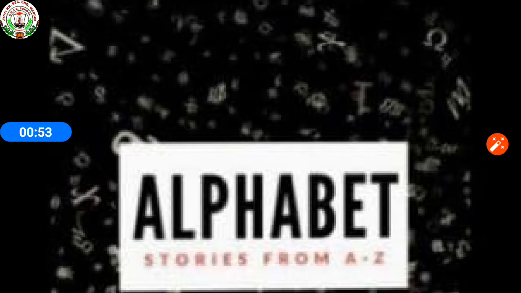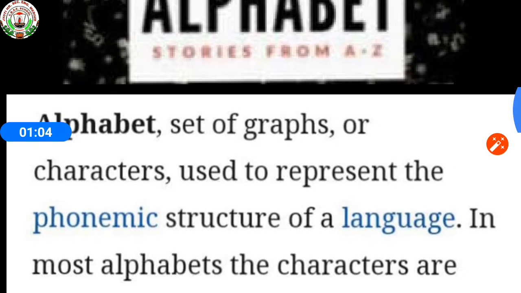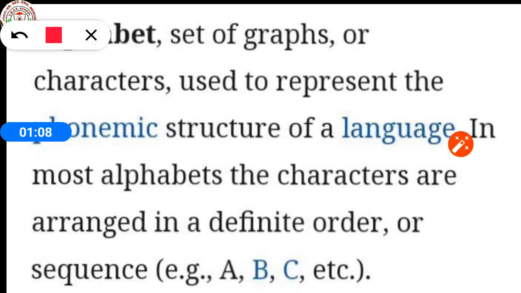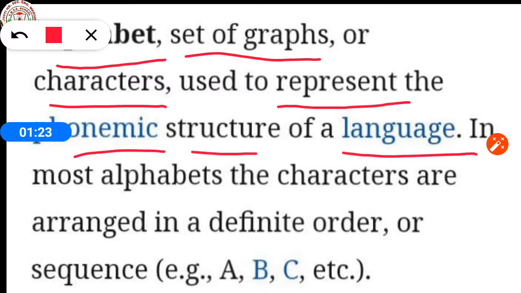Basically, the alphabets are a set of series. Now, see the definition of an alphabet. Alphabet: a set of graphs or characters used to represent the phonemic structure of a language.